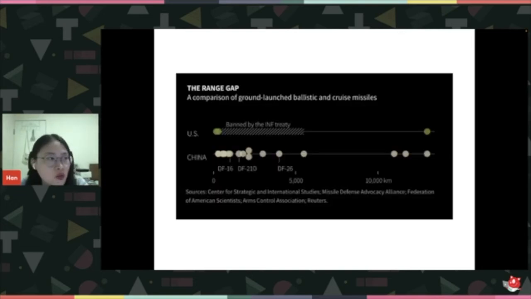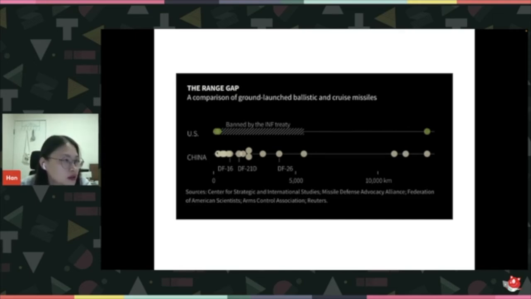Four years ago, when I still worked for Reuters, we had a graphic about the missile forces in China. We downloaded a PDF from the National Defense of the United States. It's saying that these are the missiles China has.